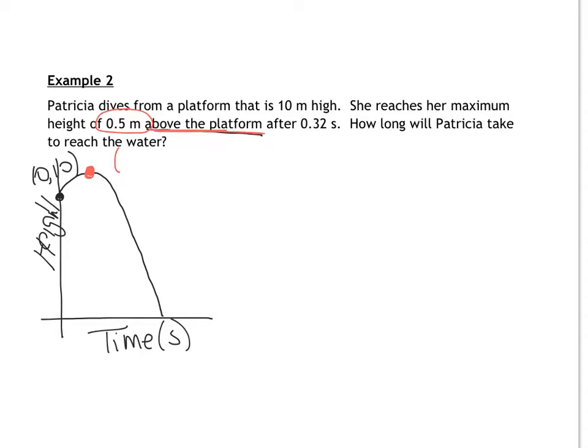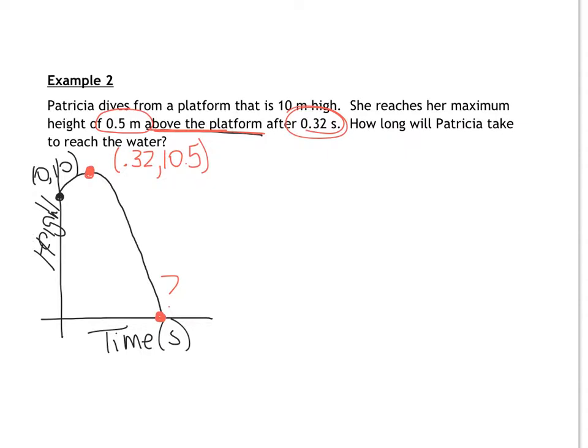Well, the platform is 10 meters high, so she's at a point of 10.5 meters. That's our Y number. And she's at that point after 0.32 seconds. We want to know how long it's going to take her to hit the water. We want to know that X value right there.